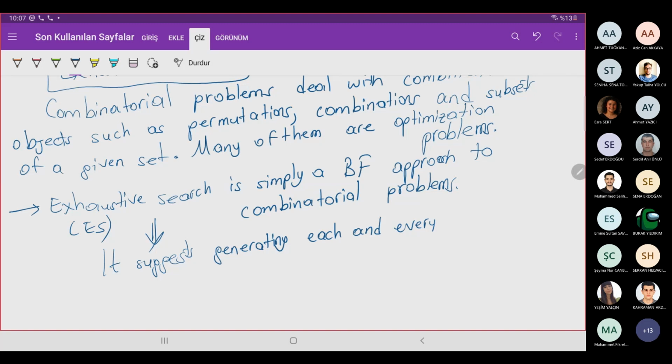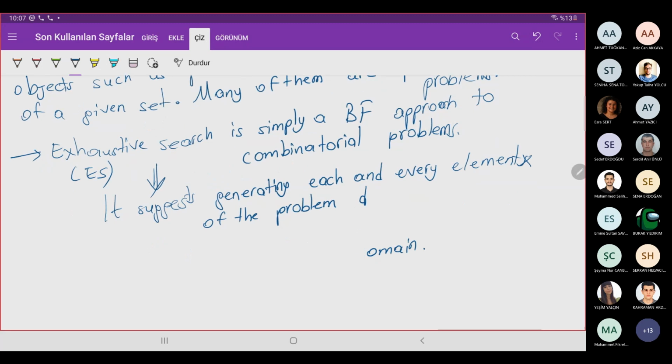It's just generating each and every element of the problem domain. Okay.